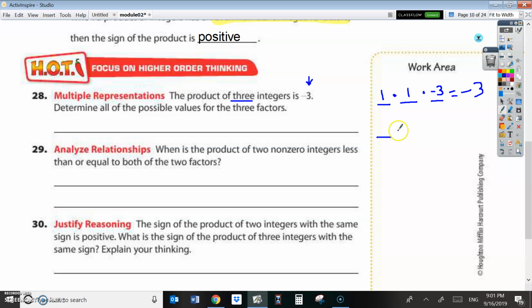Now what about negative 1 times 1 times negative 3? Does that work? Nope, this is not, because these 2 negatives cancel, so we need to make that one also negative.